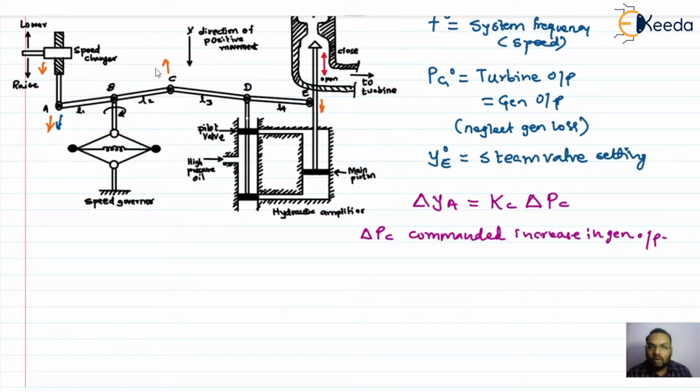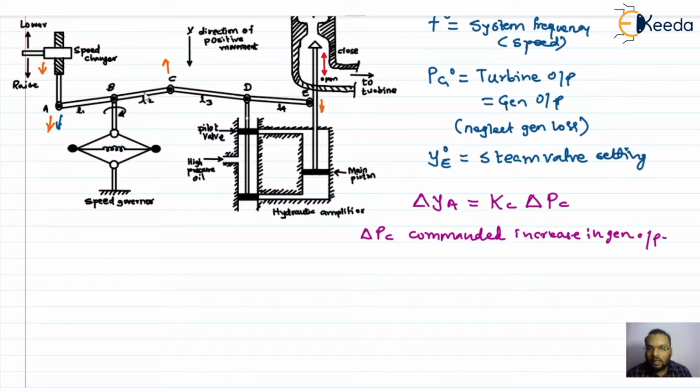Now we will use basic mechanics to understand the relationship between the movement of point A and point C. We have already considered that downward movement is the positive movement.